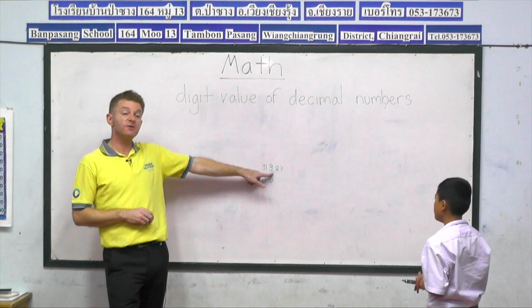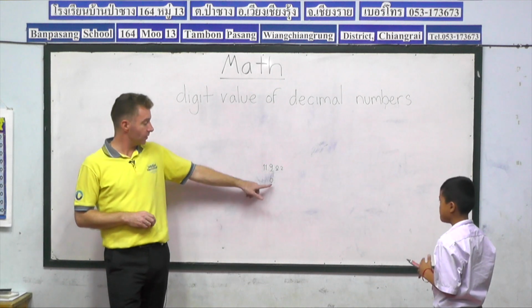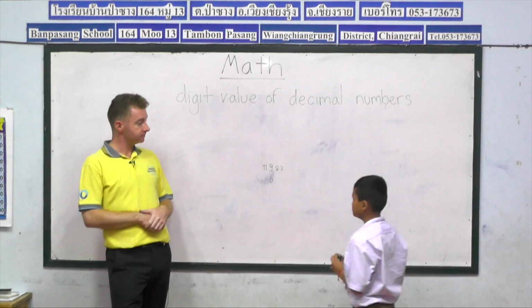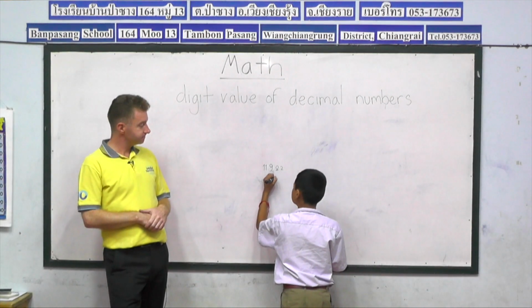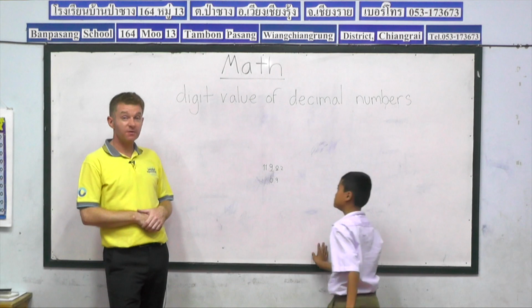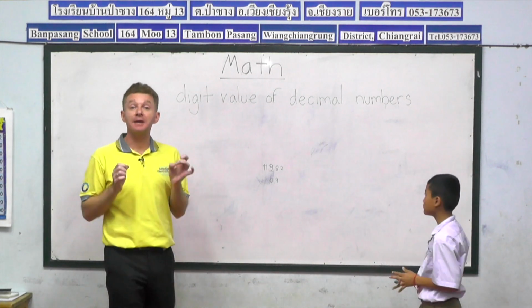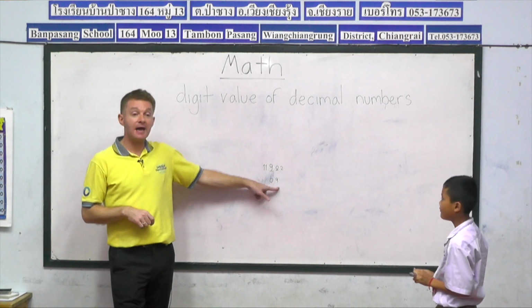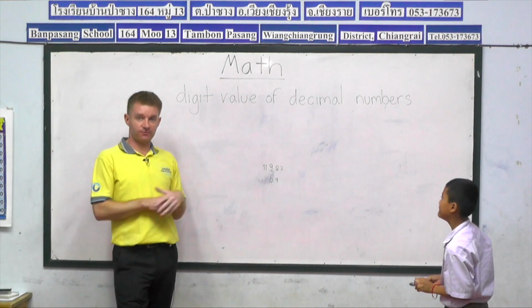Excellent. And then we simply write the digit value. What number can we see? 9. So we have 0.9. Very good. And then taking into account the place value, we have 0.9 tenths.